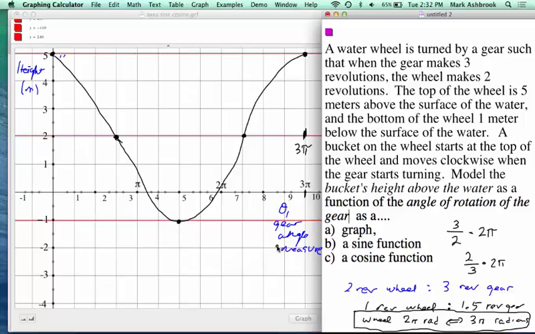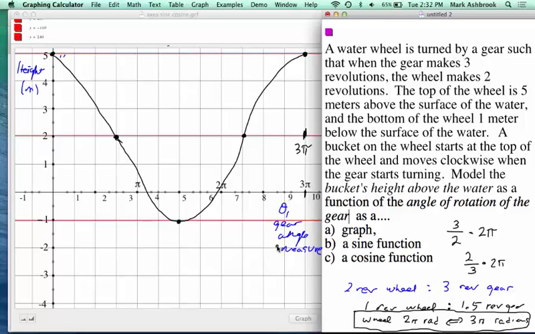So we want to start with a sine function, or let's make it easier on ourselves. Which is easier, sine or cosine? Sine's going to need a shift, right? Cosine, we can just do it as a cosine without a shift because it's starting at max, right? That's our cosine.